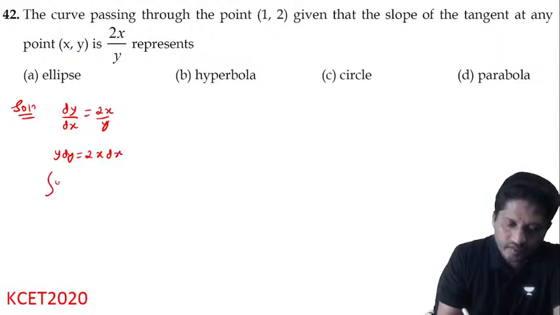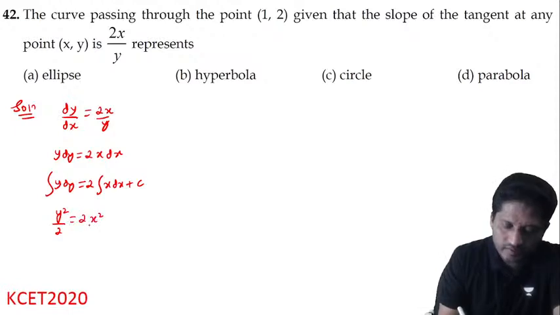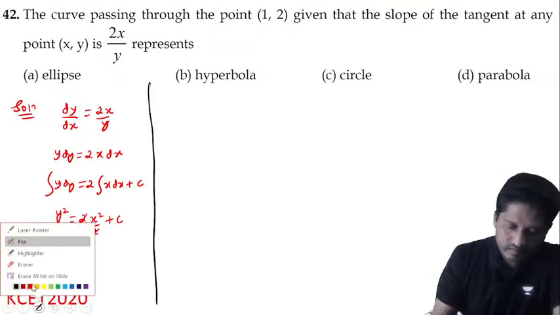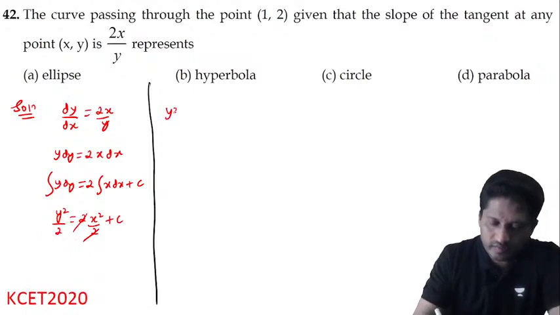Now if I integrate, you get integration of y dy is equal to 2 times integration of x dx plus c. Integration of y is y square by 2. Integration of x is x square by 2, plus c. This will cancel. So you get y square by 2 is equal to x square plus c.